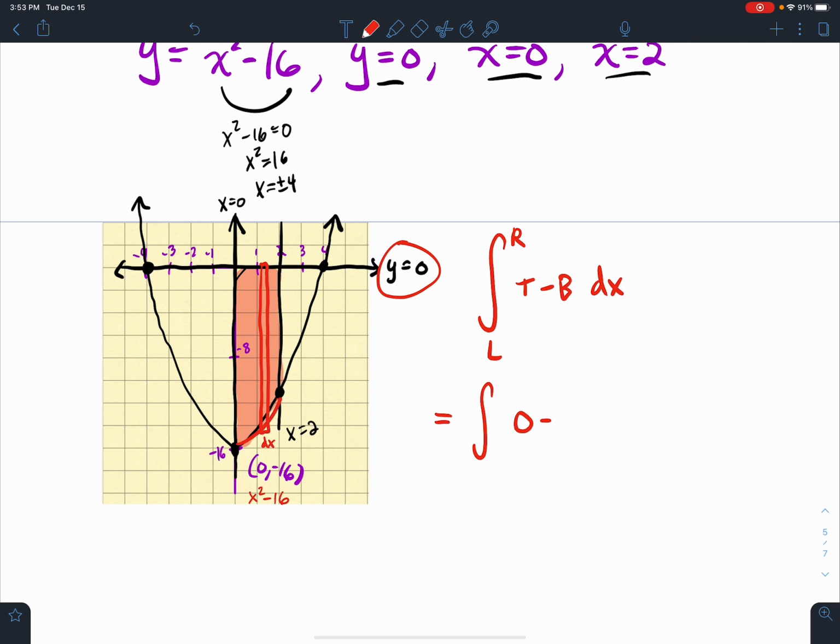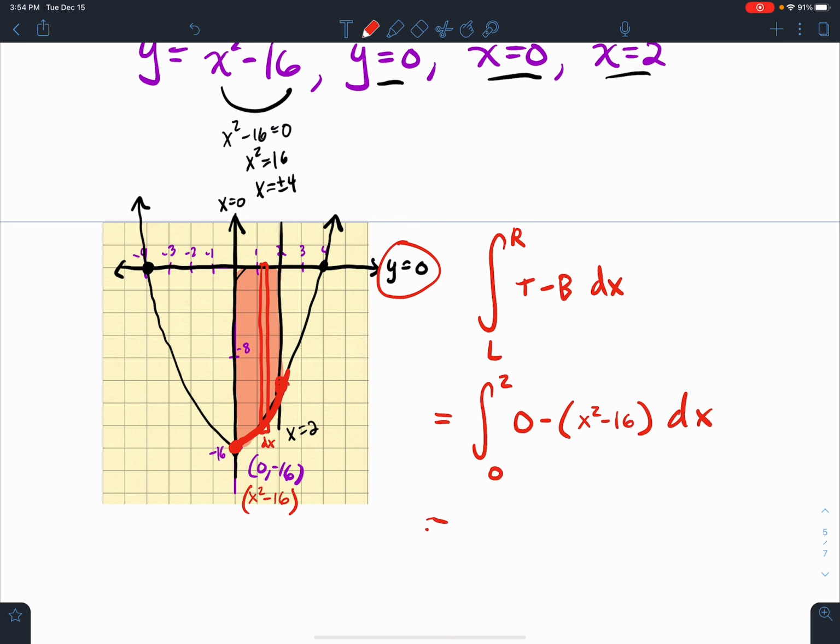So that's the bottom curve there. Okay, so minus the bottom, x squared minus 16, dx. And so now let's calculate. What are we going from? 0 to 2. Okay, 0 to 2. So start at 0 and we sum up the rectangles to 2. So boom, boom, boom, boom, boom, boom, boom, till we get all those rectangles.